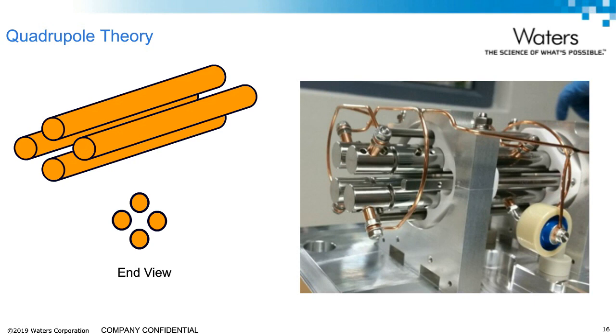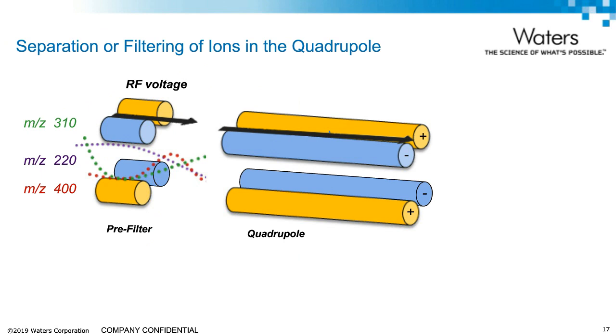Ions that are generated in the source pass through the transfer ion optics, which focuses the ion beam, and enter the quadrupole. The ion beam is likely to be a mixture of chemical species with different mass-to-charge ratios. In the example shown here, we have 3 ions at mass-to-charges 220, 310, and 400.